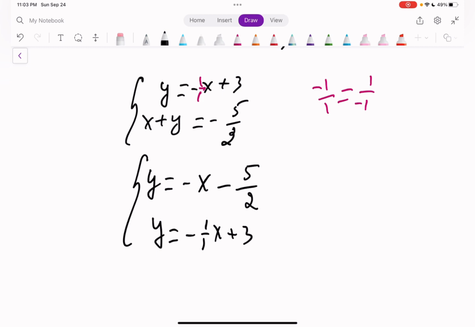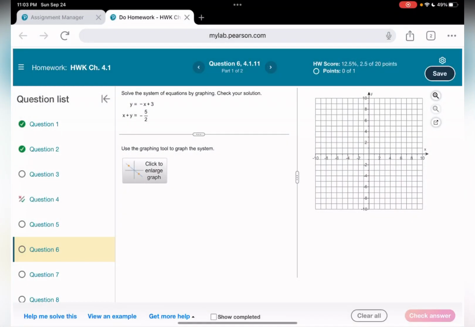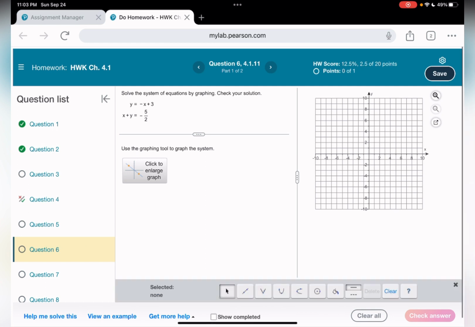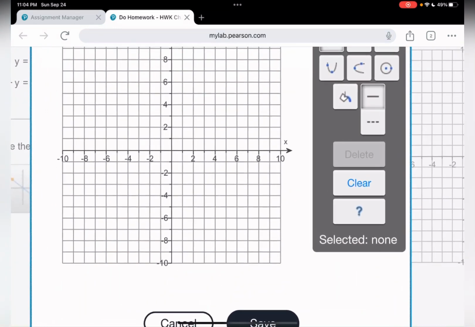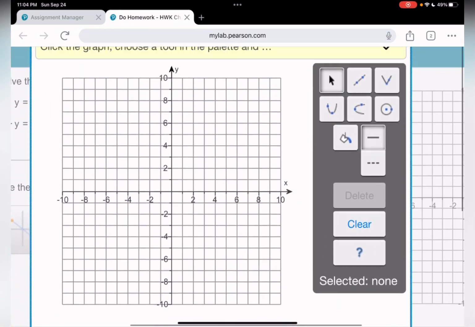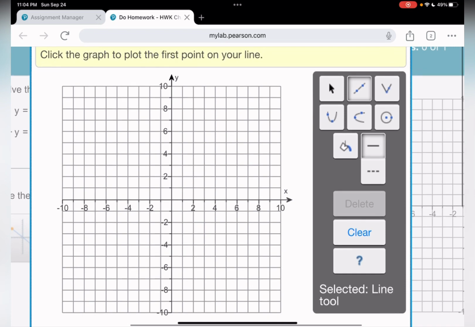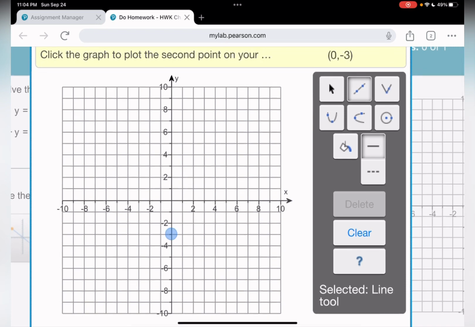Now let's build the graph and solve by graphing. So negative 5 over 2, that's going to be 2.5, right? And it's our intercept on y. 2.5, and then minus 1, and then positive 1.